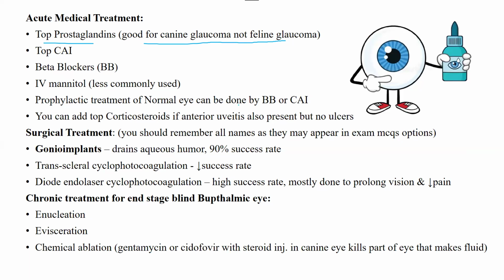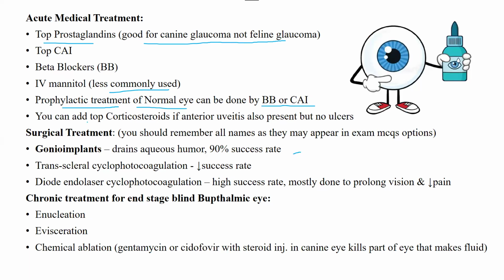So in acute treatment, you can go for prostaglandins, CAI such as dorzolamide, beta blockers, or IV mannitol. But IV mannitol is less commonly used now. You can also treat the contralateral, normal eye prophylactically with beta blockers or CAI.